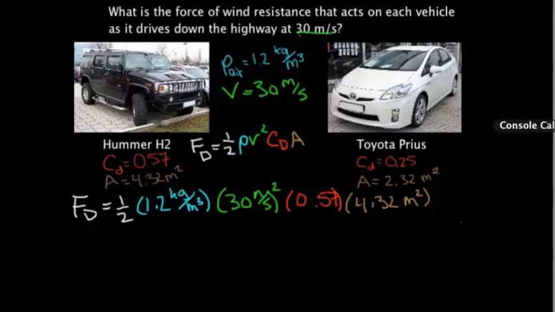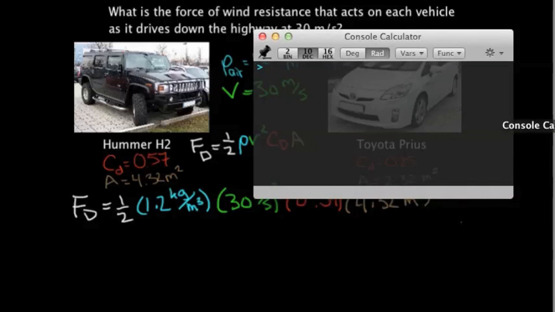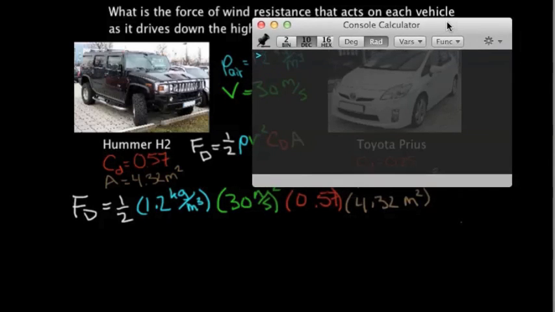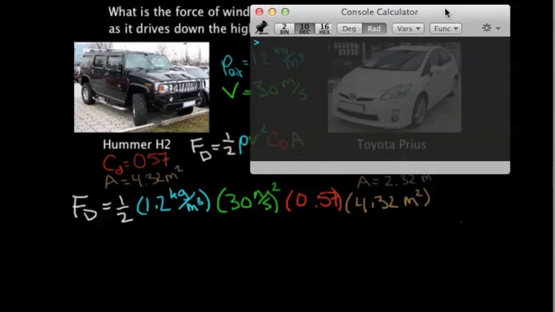So I'm going to get out my trusty calculator here, and we're going to multiply this thing out. So I get 1/2, which is 0.5, times 1.2 times 30. And remember, I got to square my velocity, times 0.57 times 4.32.